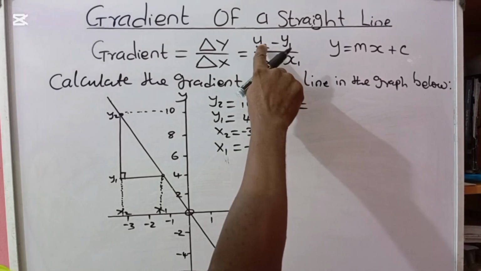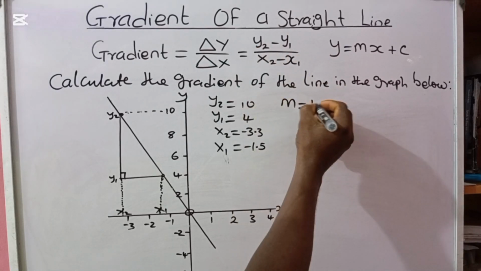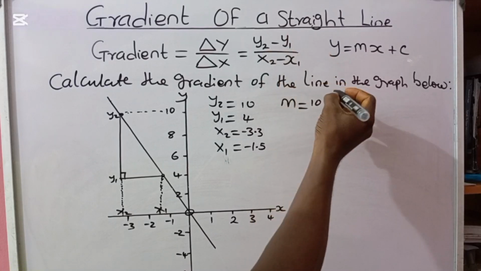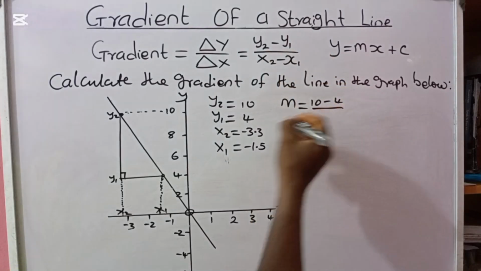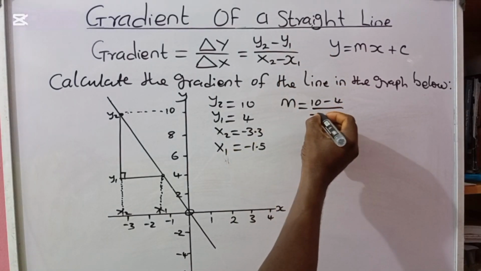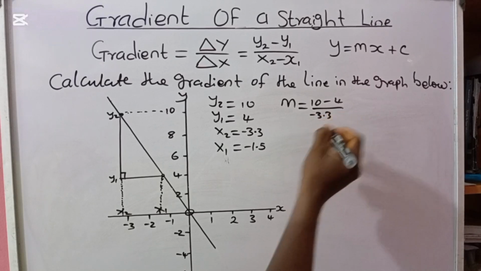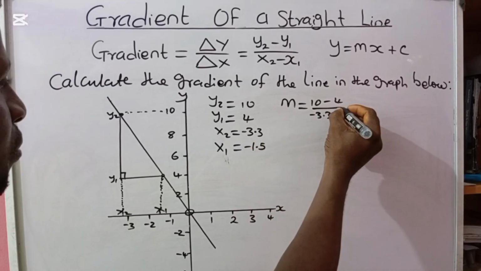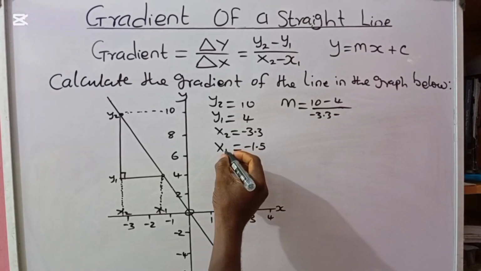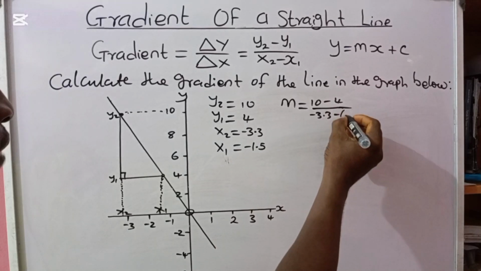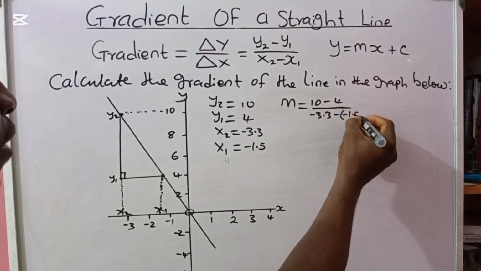Gradient, as we know, is y2, 10, minus y1, which is 4, all over x2, which is minus 3.3, then minus x1, which is minus 1.5.